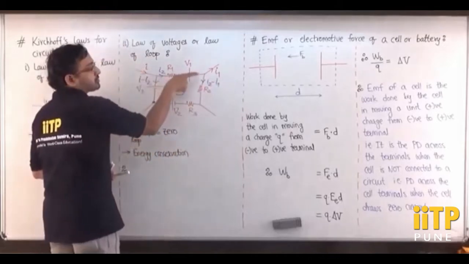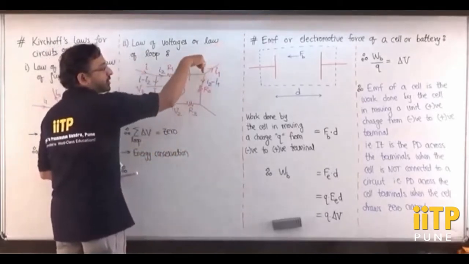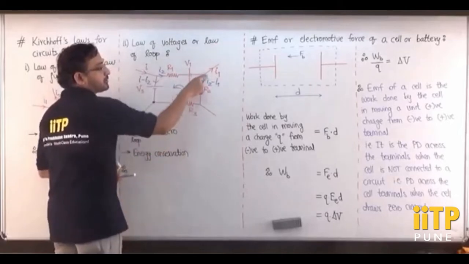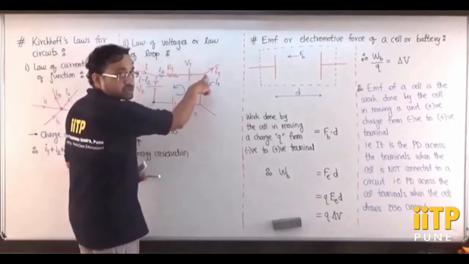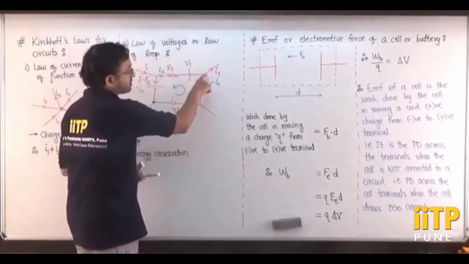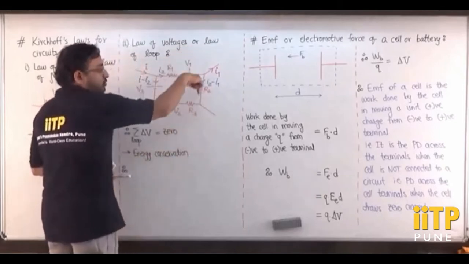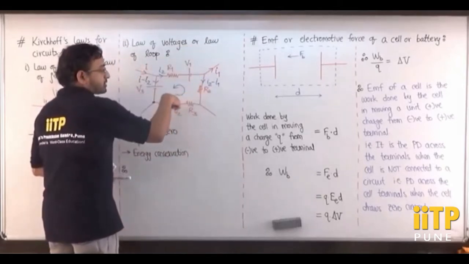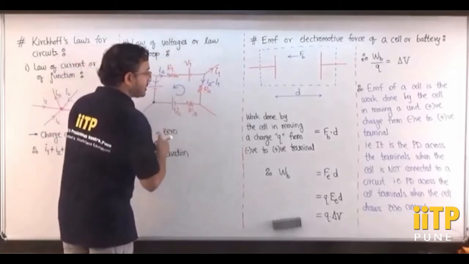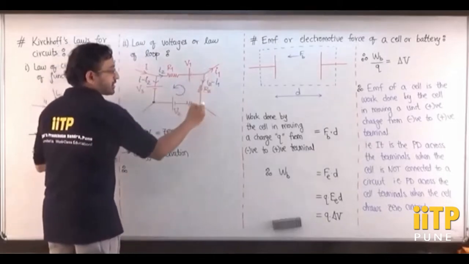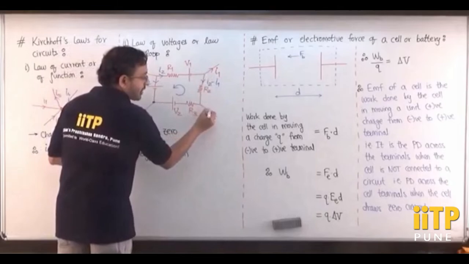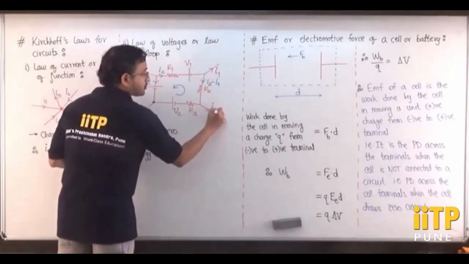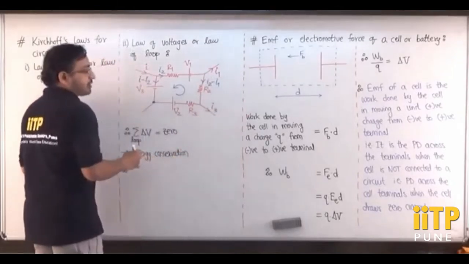So current I2 comes here, I1 goes like that, I2 minus I1 goes like that. Again I am using the junction rule or Kirchhoff's current law here for this junction. So now we have I2 minus I1 which comes here, and some current I3 now goes away like this.